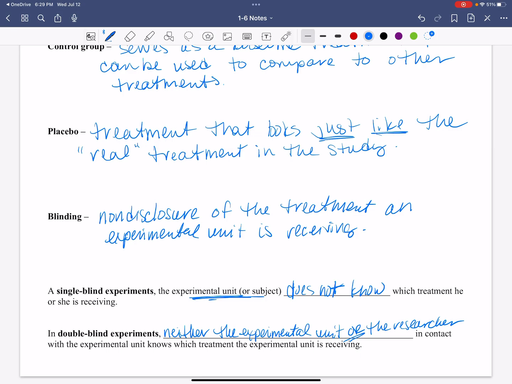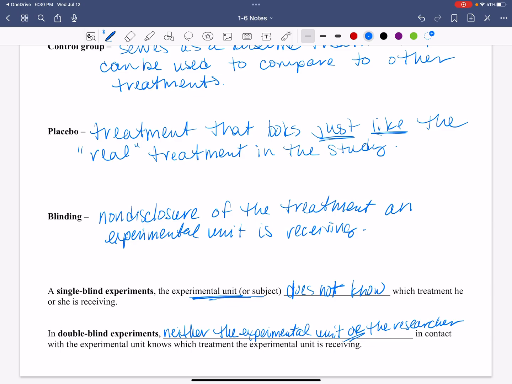So then there can't be any bias there. That's kind of the goal. If I know I'm giving you the actual drug, then I may be looking for specific signs. If I don't know whether you're getting the placebo, then I have no clue. I'm just going with what the facts are. If I don't know, then I can't be persuaded one way or the other. Does that make sense? That's the double blind.